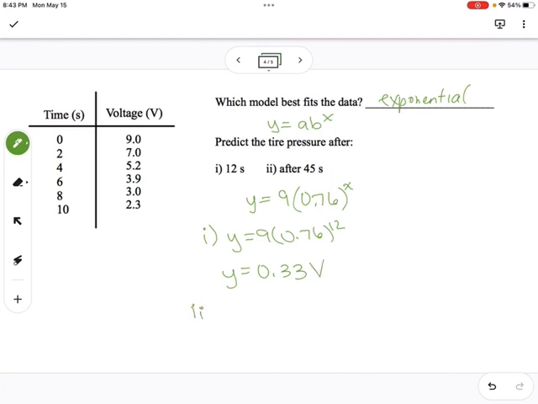And after 45 seconds, we're going to say y equals 9 times 0.76 to the exponent 45. So 0.76 to the exponent 45, and then times 9. That's going to give us 0.000038 volts.